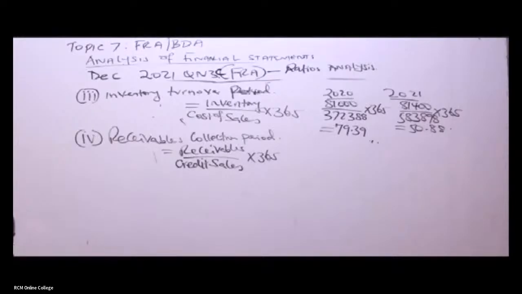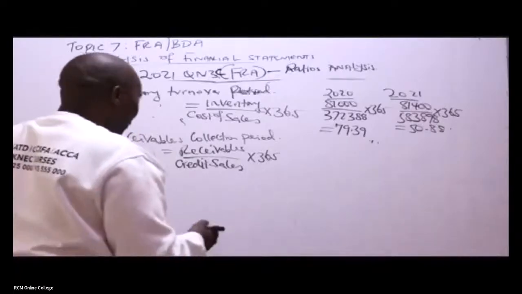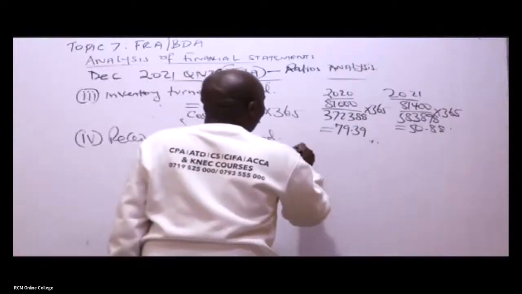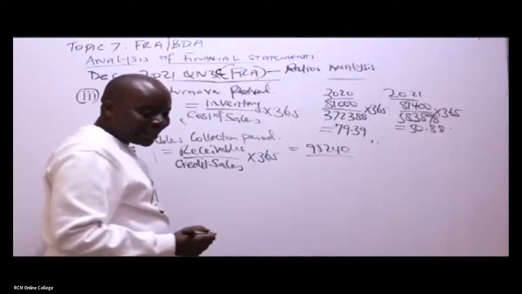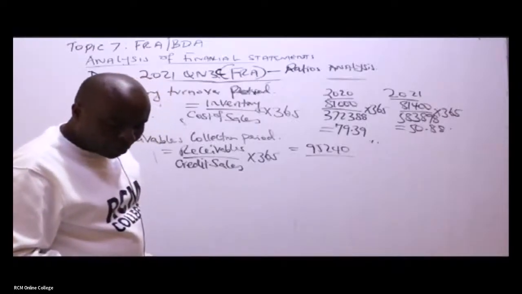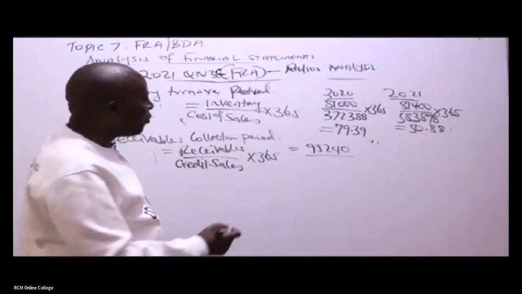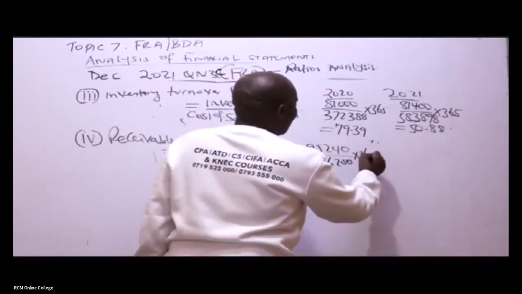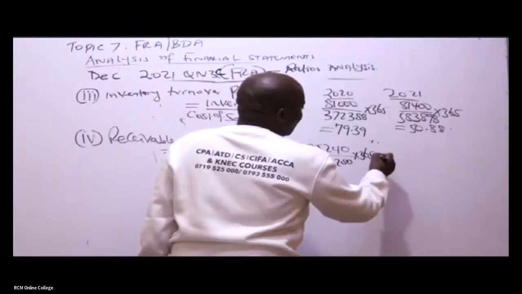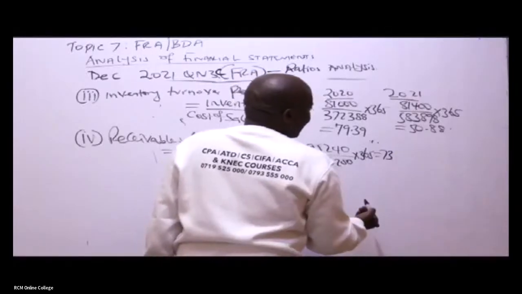I can see there in 2021 we had 95,240, divided by the entire sales, which happens to be on credit, 476,200, times 365. So this one will end up giving us 73 days.